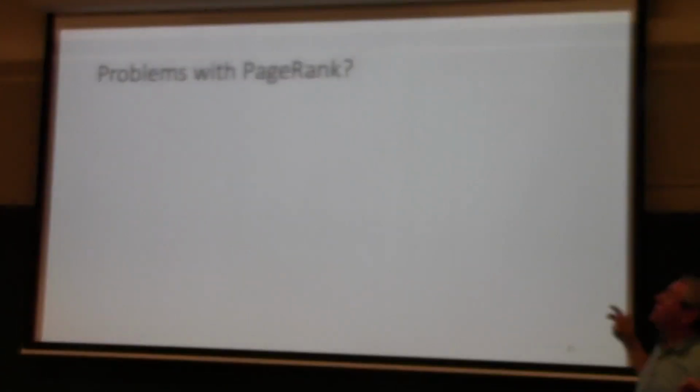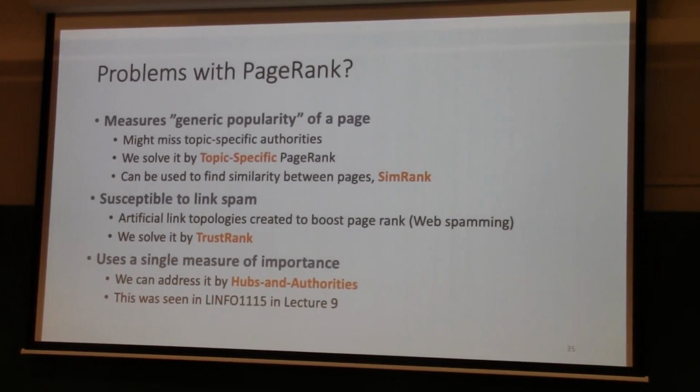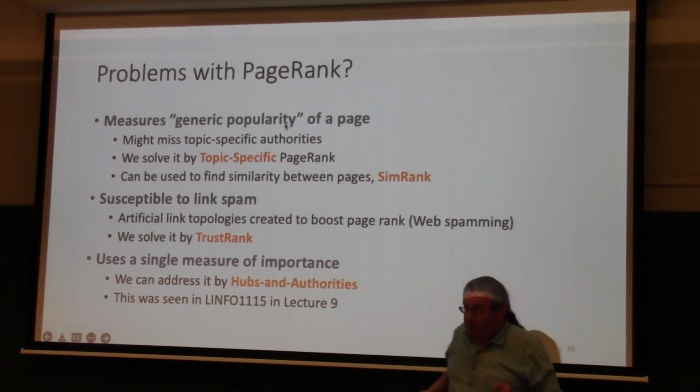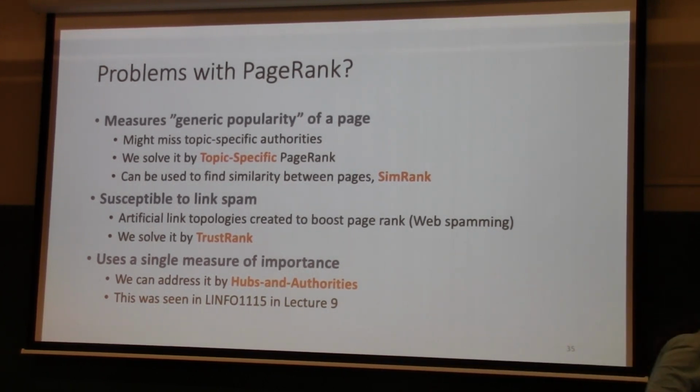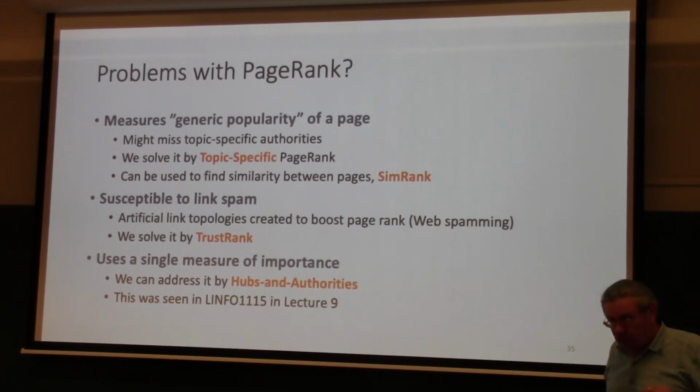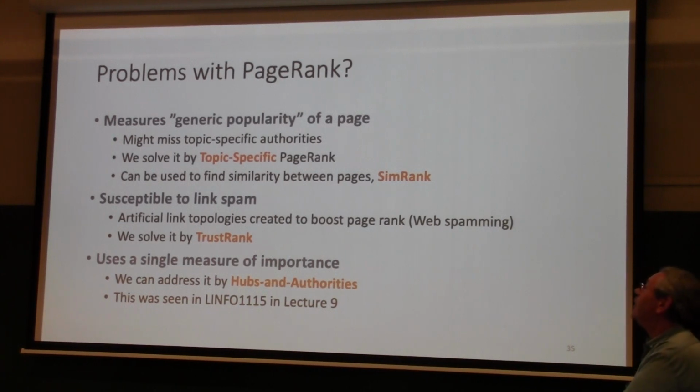But once people invent PageRank, there's actually lots of extras that people want to do. So there's still kind of problems, and we'll talk about some of them. The first thing is that PageRank measures the popularity in general of the page. How popular is the page? But maybe I'm only interested in stamp collecting, and I want to know what is the best page for stamp collecting, and I'm not interested in general popularity.